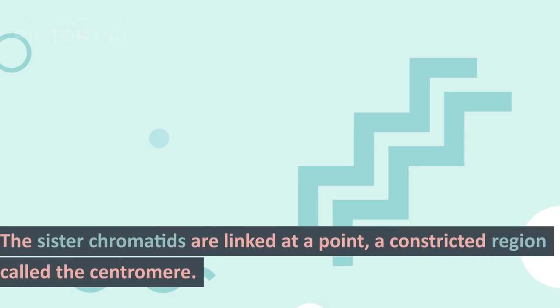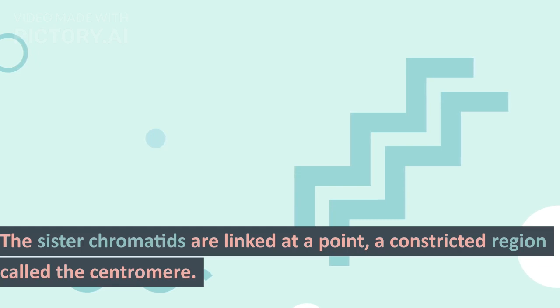So how do the sister chromatids exist? The plural chromatids tells you that there are two of them, and these two are not separable. They are linked with each other. Just imagine a pair of scissors. The connection between the two blades, or the intersection point of the two blades, something like that.